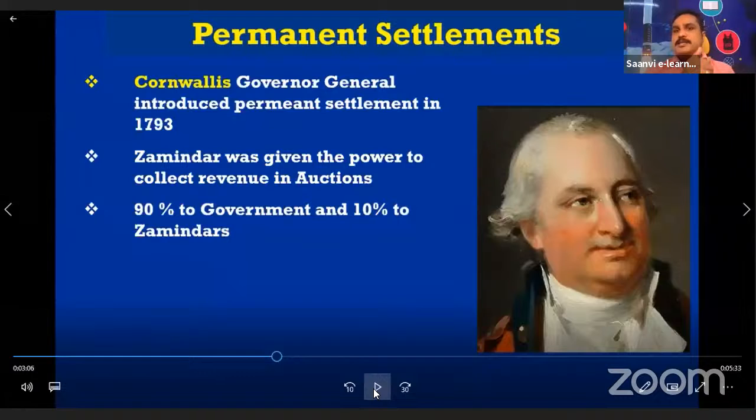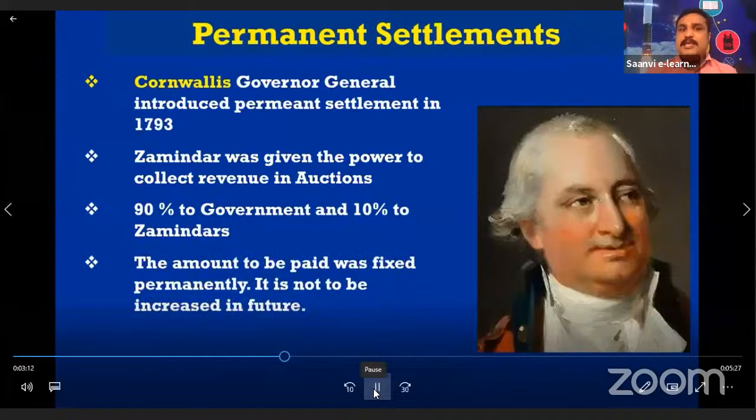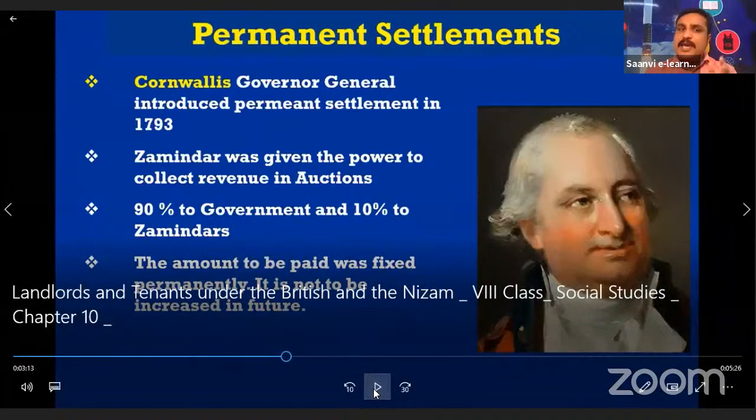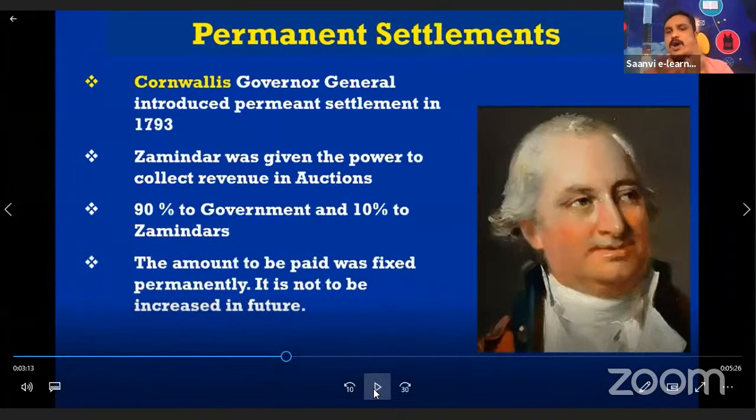So zamindars were given the power to collect revenue in auction. 90% is to the government and 10% is to the zamindar. How much should they pay to the government? 90%, and the remaining 10% they can take for themselves. That is the condition. Of whatever they collect from the peasants or poor farmers, 90% of the tax they have to pay to the government and the rest 10% is their commission, we can say.